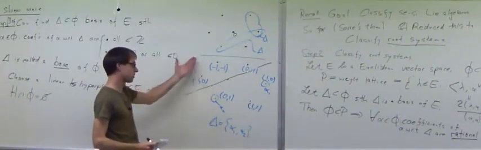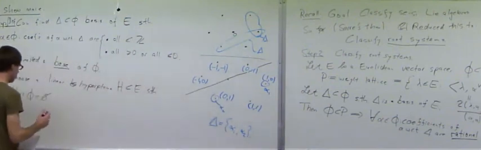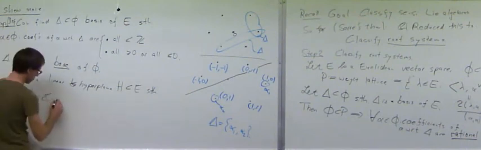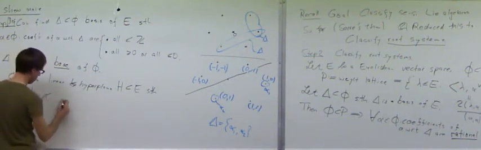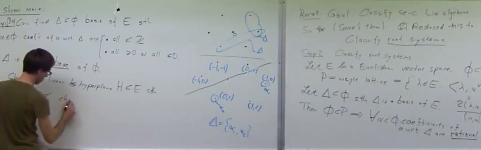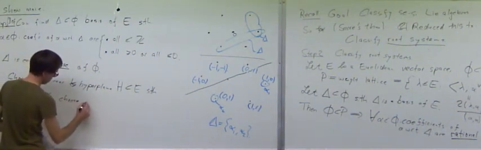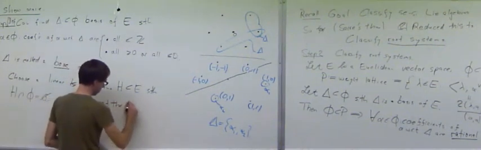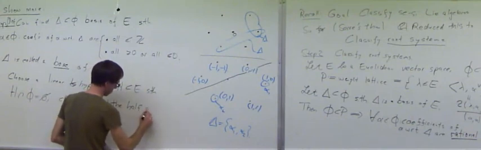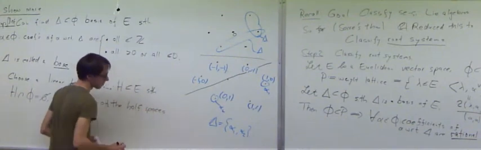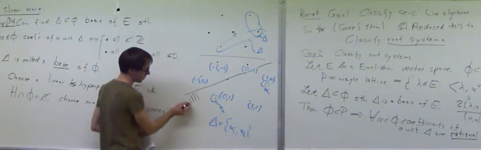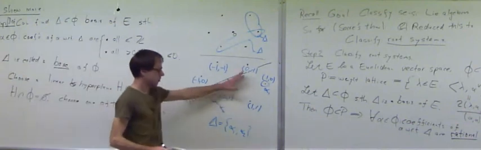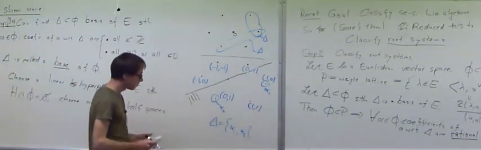They're either on the one side or on the other side. So I'll just choose that, and I choose one of the half spaces. So here I could just fix this half space and say, okay, I want this half space to be the half space containing the positive roots.